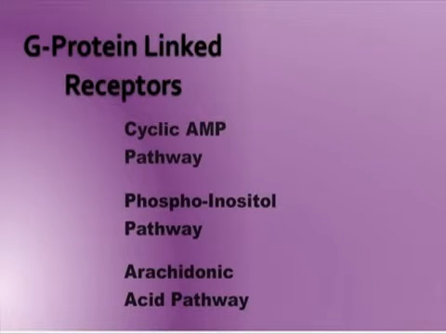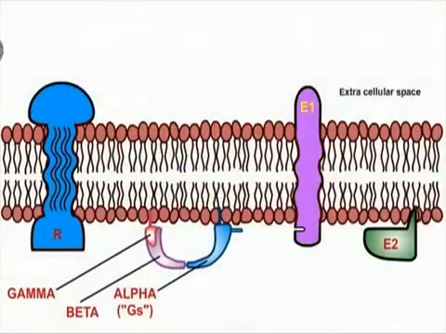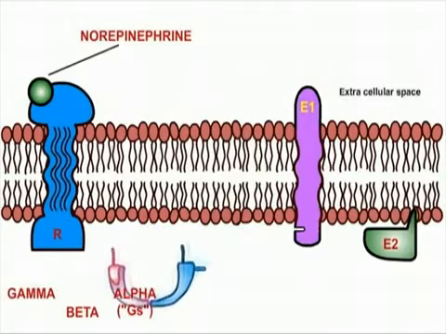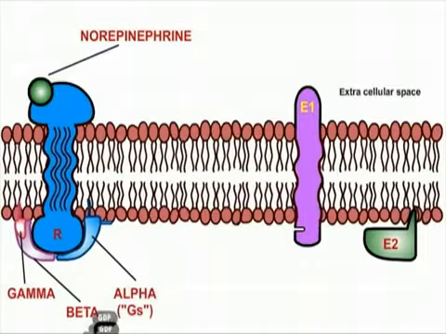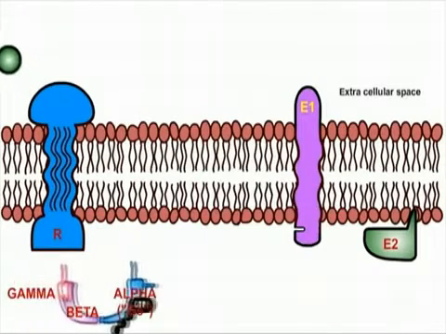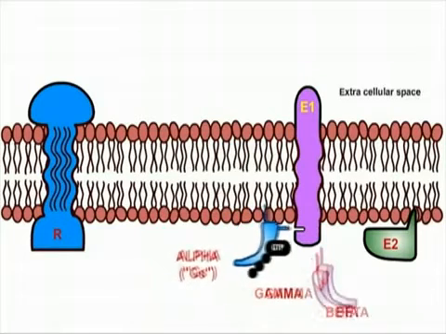The first type is the cyclic AMP pathway, wherein the first messenger norepinephrine binds to the beta-adrenergic receptor of the G protein. This will make GDP to be displaced by GTP on the alpha subunit. This displacement will in turn make the G protein dissociate into alpha subunit with GTP and the regulatory beta-gamma subunits.